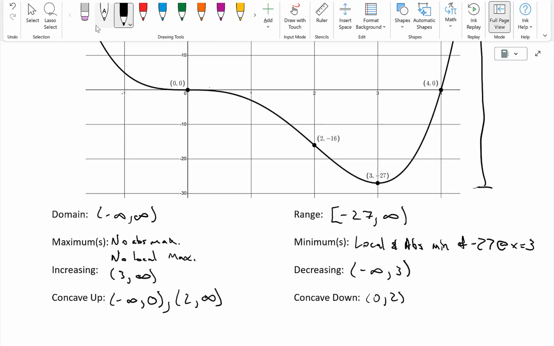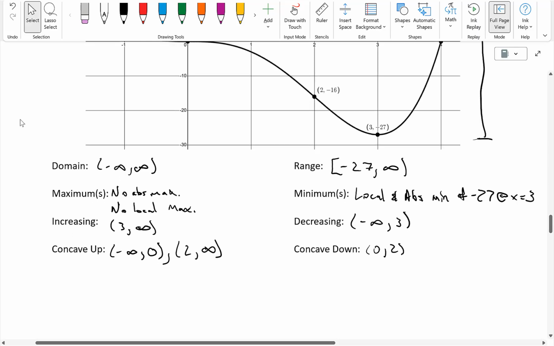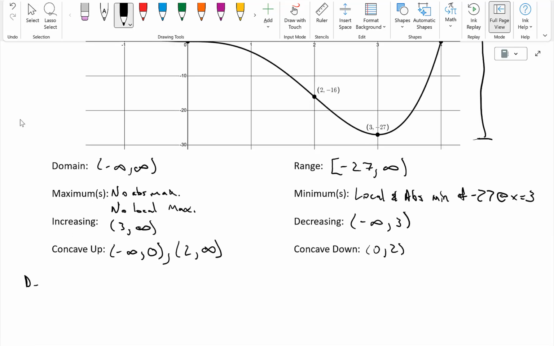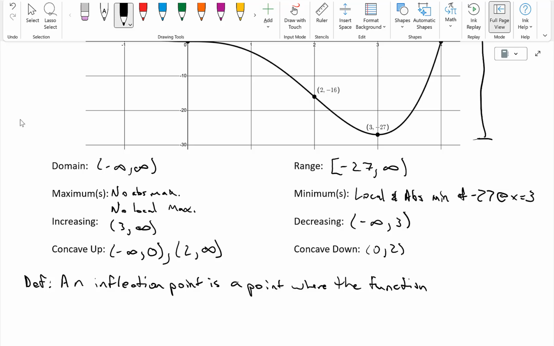All right, and the definition we do want to add in is that for an inflection point, we'll keep it as easy as we can. An inflection point is a point where the function changes concavity.